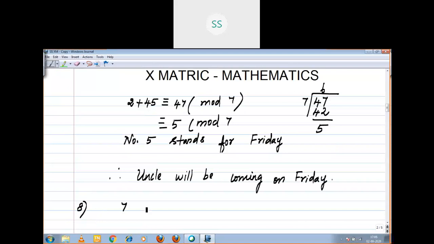First, 7 is divisible by 7. Will you agree or not? Yes, it is divisible by 7. That means in modular congruence, 7 is congruent to 0 modulo 7, because divisible by 7 means the remainder is 0.